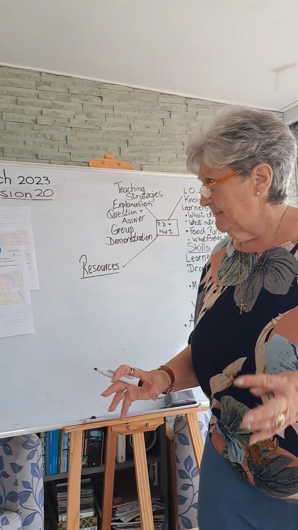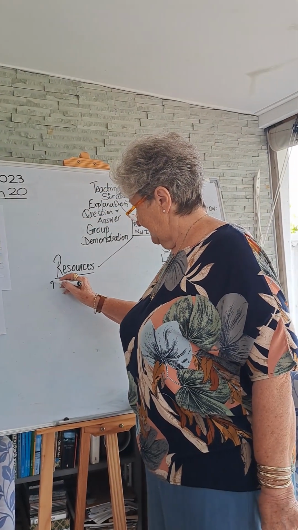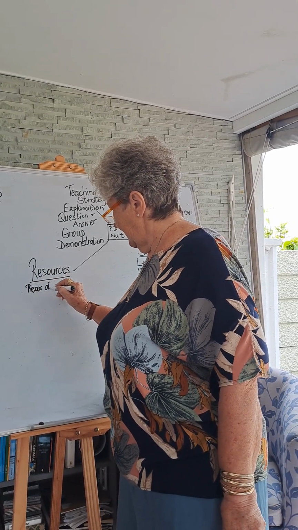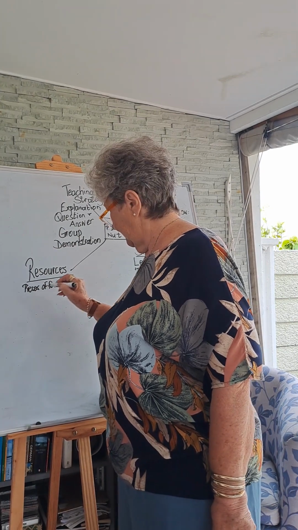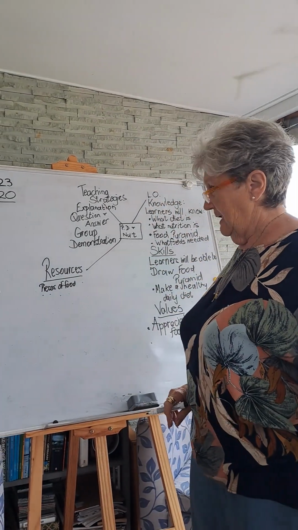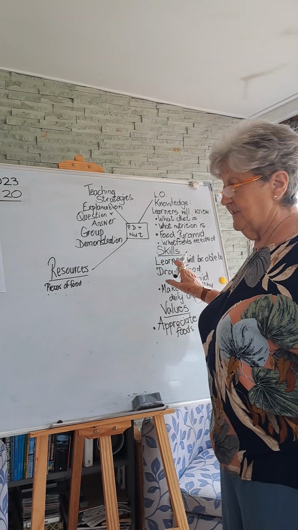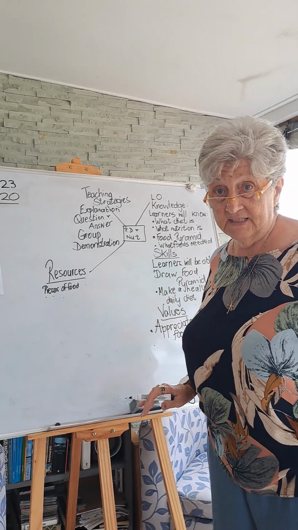So, what am I going to bring for these children? Well, I'm going to bring pieces of food. And I decide which it will be. I can write apple, packet of chips, chocolate, whatever I want to write. What else am I going to use? Well, I'm definitely going to use a chart because I want to show them what the pyramid looks like.